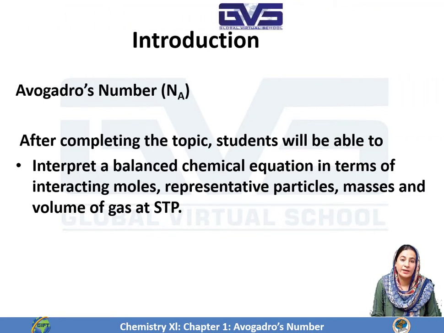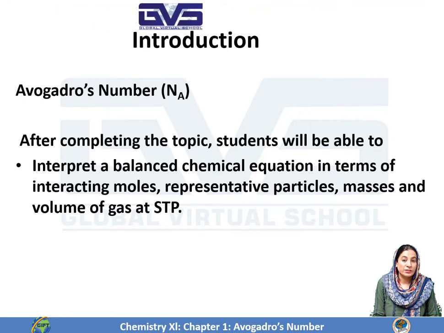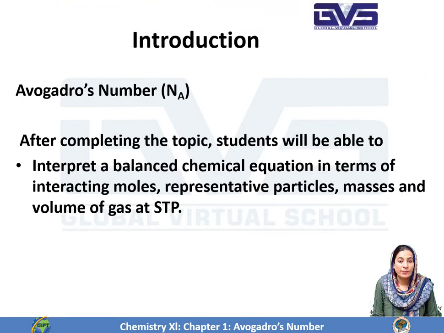Moles we have already discussed. Representative particles means Avogadro's number, mass, and molar volume of the gas at standard temperature and pressure. So today we are going to discuss what molar volume is and what Avogadro's number is.